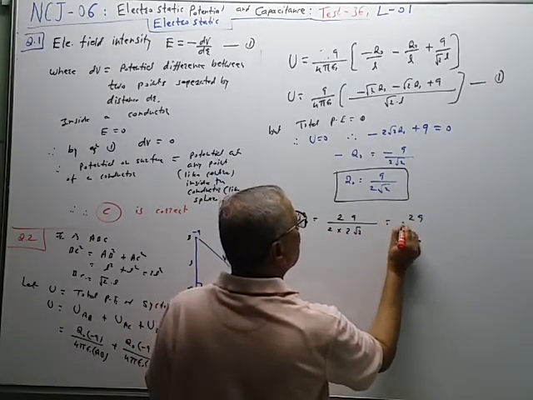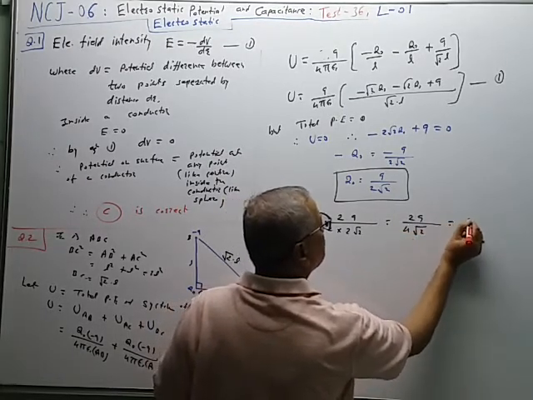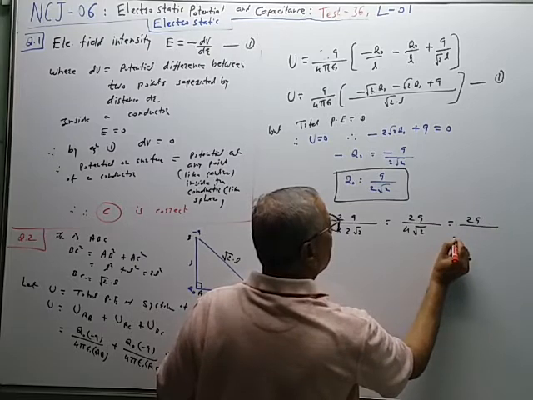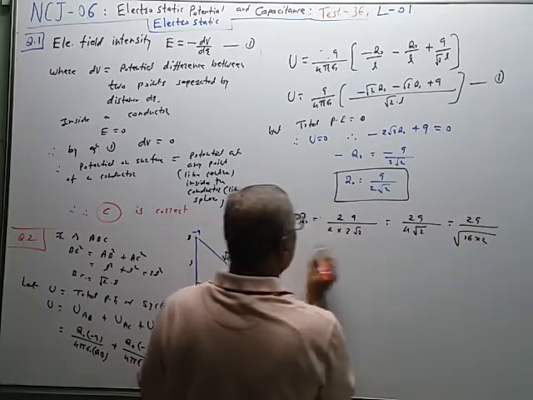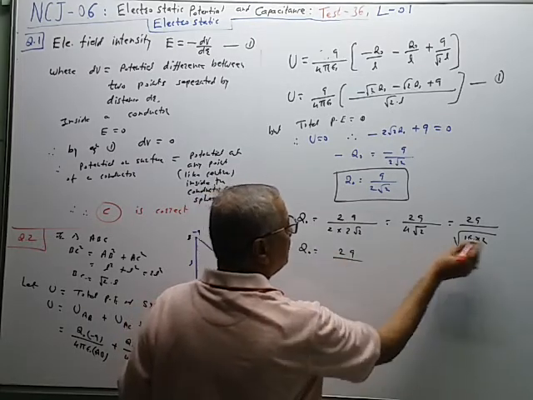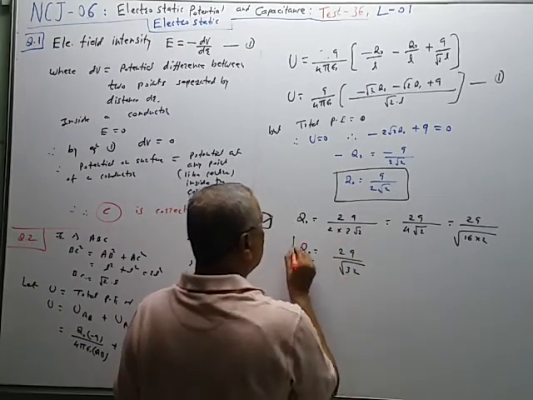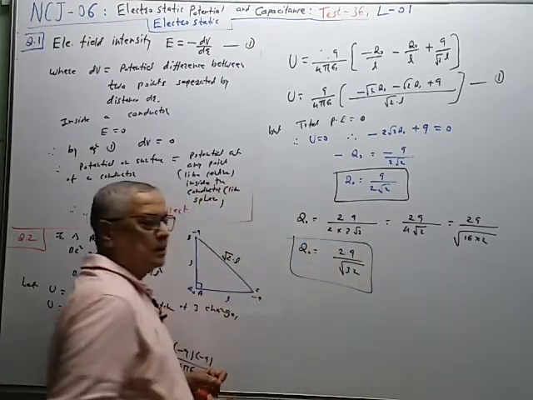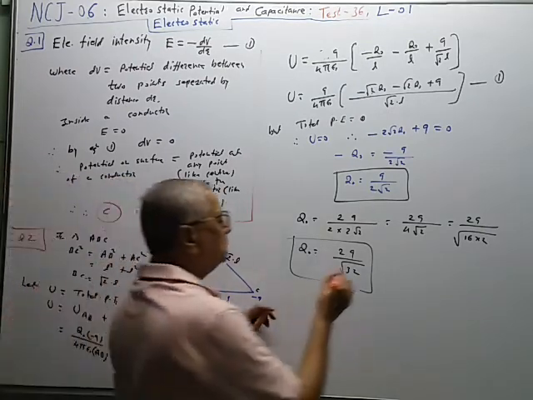So this is equal to 2 times Q upon 4 root 2. This is equal to 2 times Q upon under root of 4 squared, which is 16, multiplied by 2, and therefore Q0 is equal to 2 times Q upon under root 32. So the same value can be written like this. So the correct choice is B.